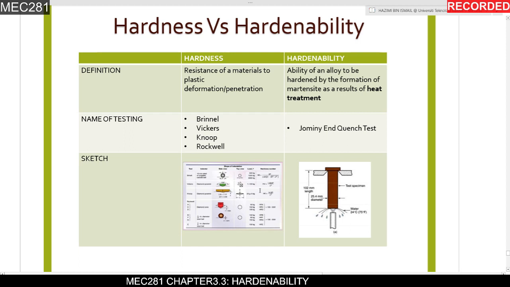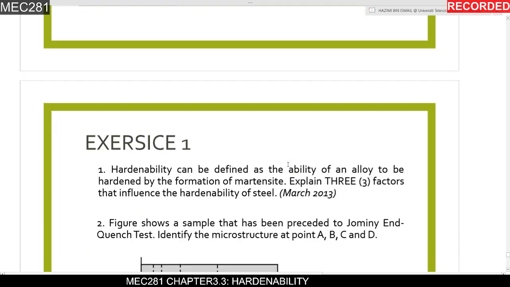So in that video that we saw earlier, it used the Rockwell hardness test. So bear in mind, it's not only the Rockwell test. It may use other hardness tests such as Brinell, Vickers, and Knoop.